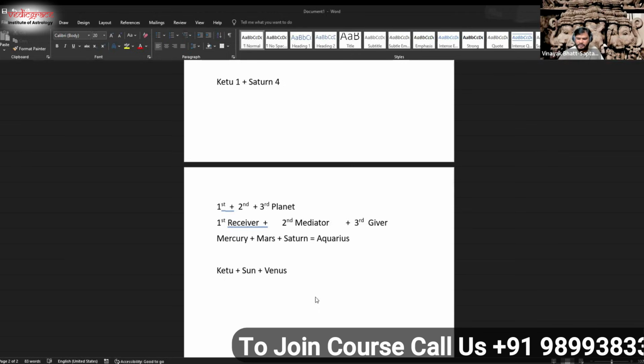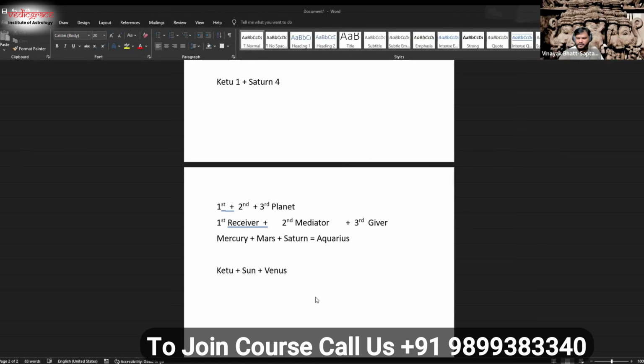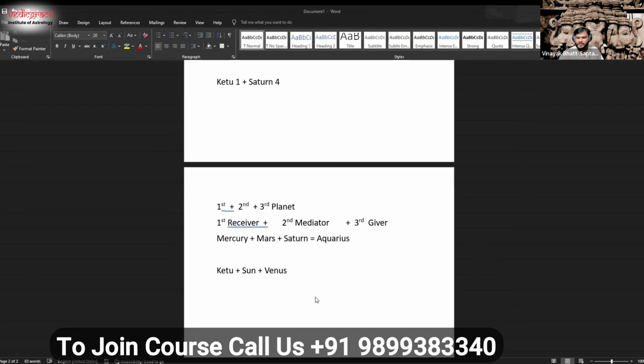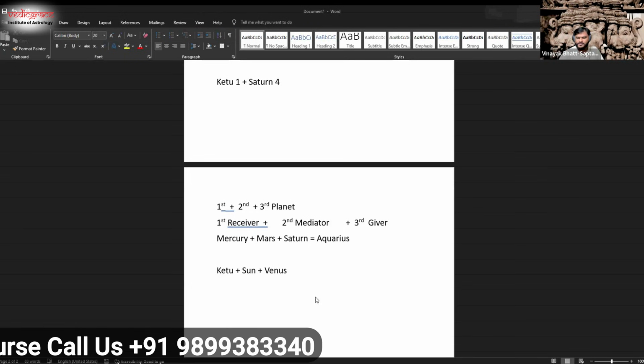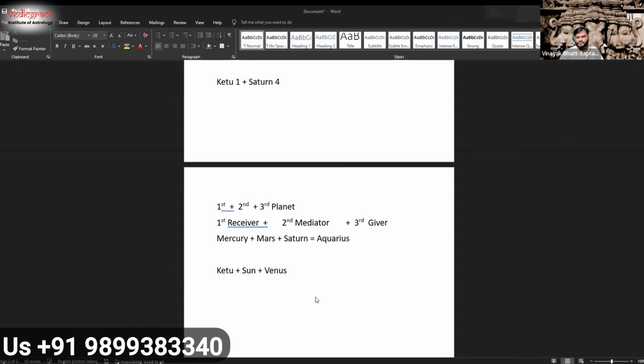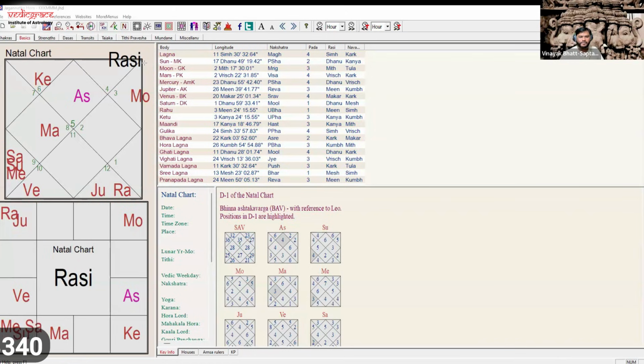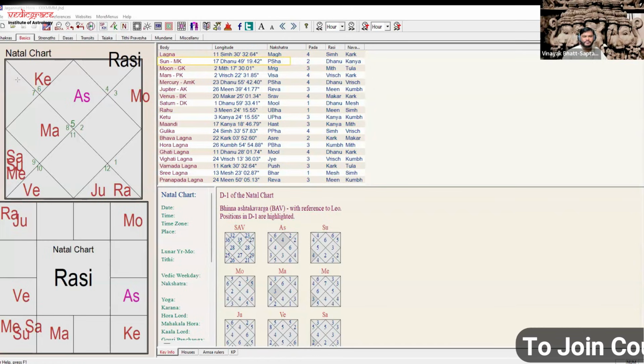The thing is very, very simple. If any planet is at a higher degree, and you are making a prediction by using a planet at a lower degree, then those things are applied for the past of the native. Let me show you one example to clarify this. See this Sun. Sun is at Sagittarius sign, 17 degree.